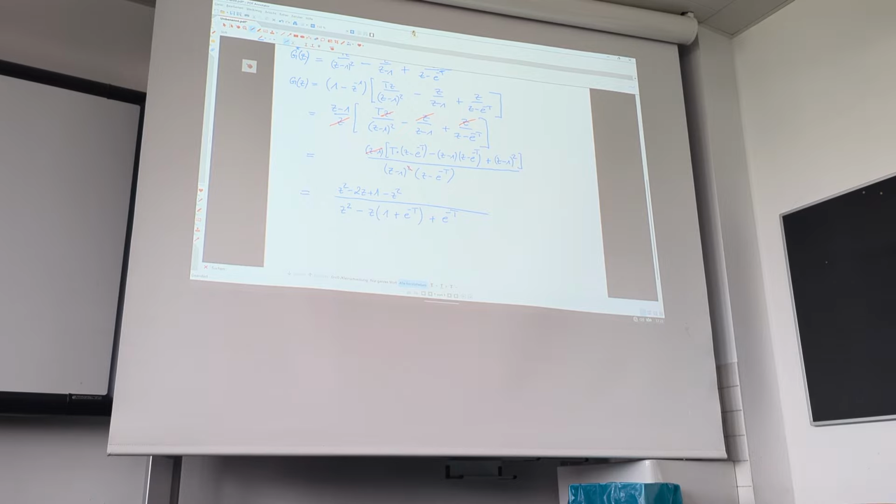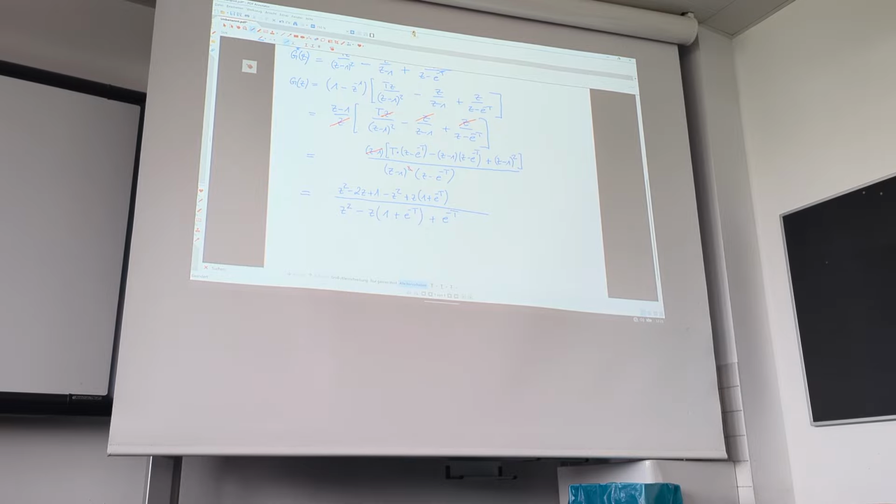Then we have minus z and minus z times e to the power of minus t. With this minus it's a plus: z times 1 plus e to the power of minus t.